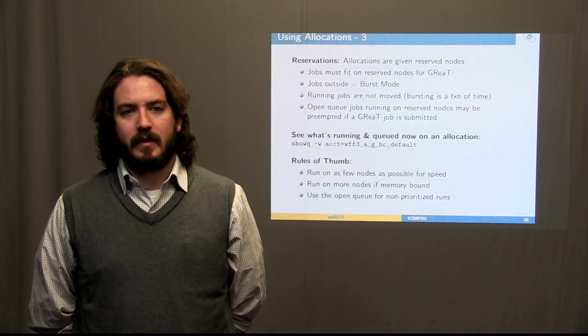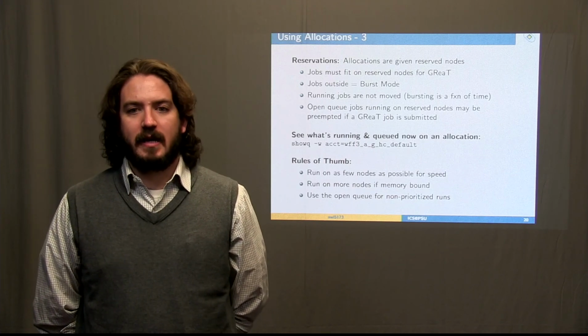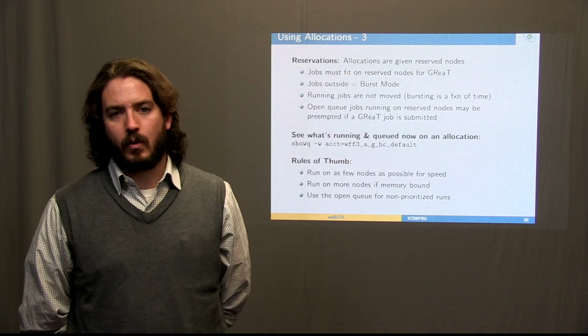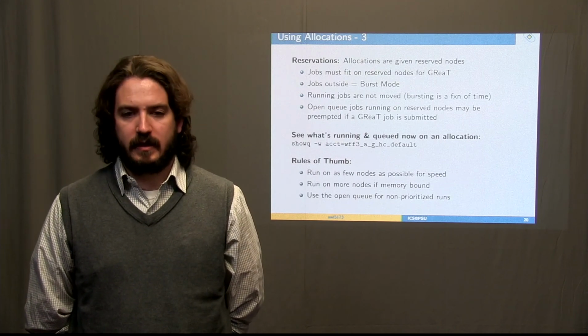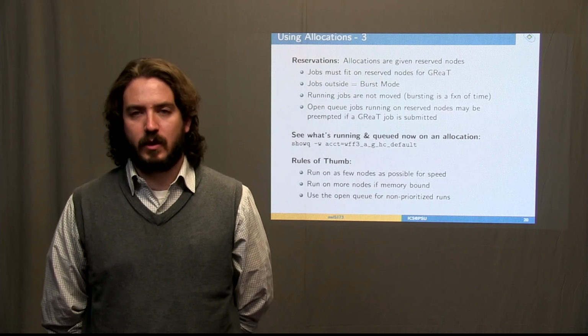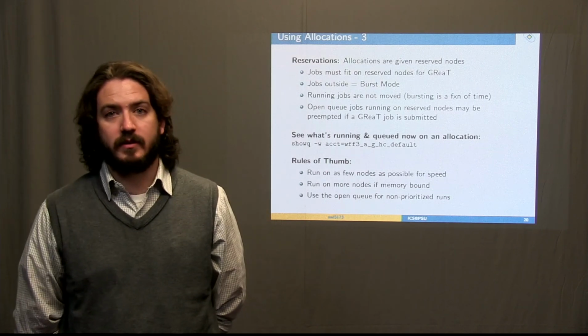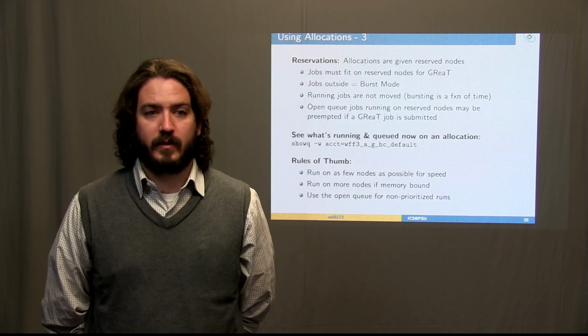So for example, we have 2 nodes at 20 processors per node within this allocation. If I submit 2 single core jobs that are each asking for all of the memory on each of those nodes, there might only be 2 processors running, but because no other jobs can run on those reserved nodes, any other jobs that are submitted will be run in burst mode.